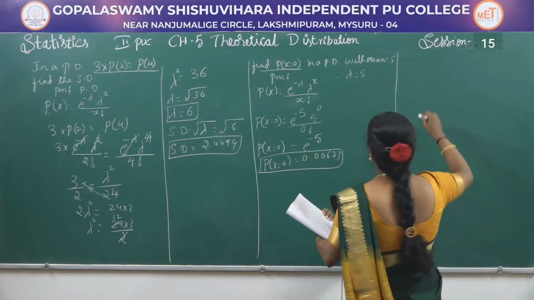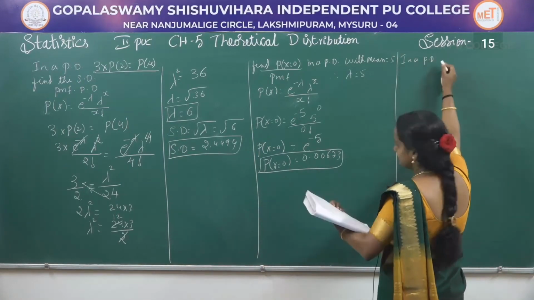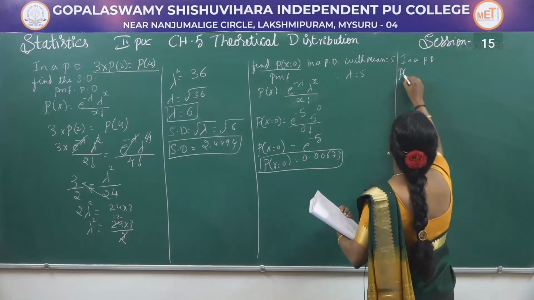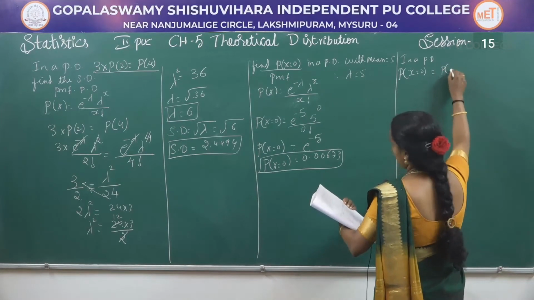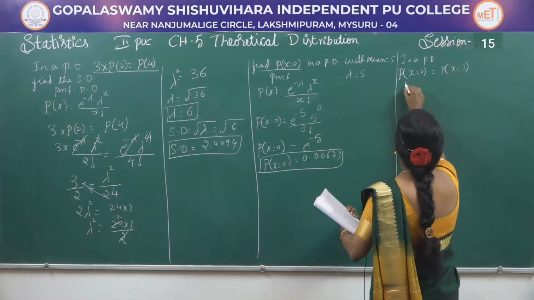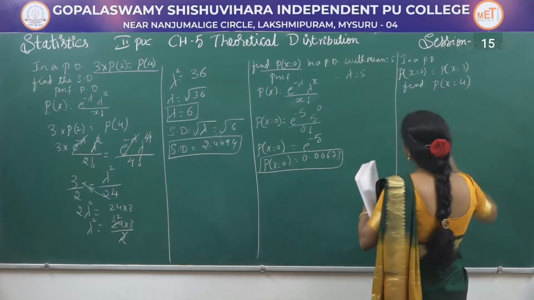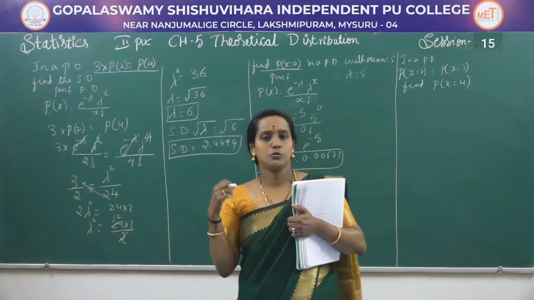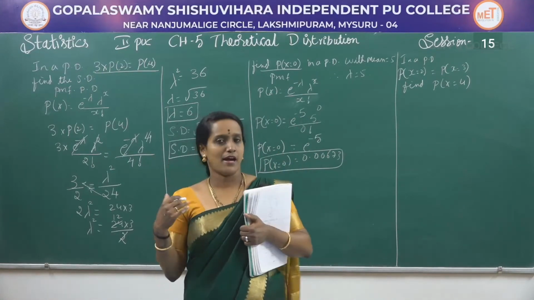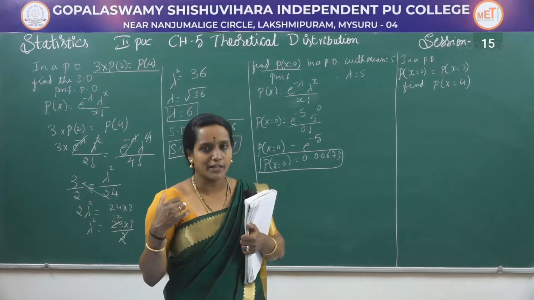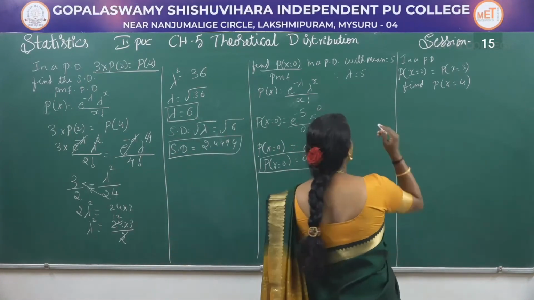In a Poisson distribution, P of x equals 2 is equal to P of x equals 3. Find P of x equals 4. So using the PMF, first let us find the lambda value, then we can find out the probability of x equals 4.